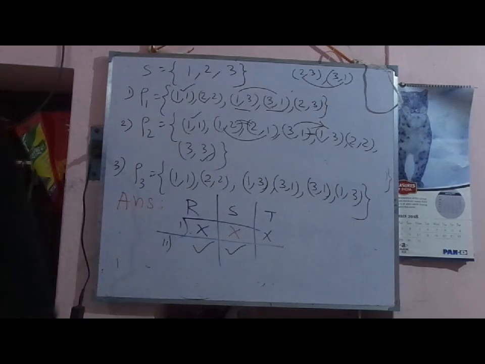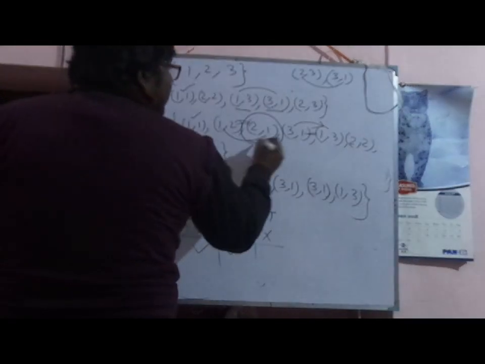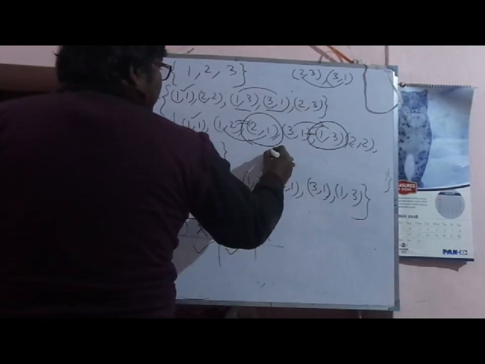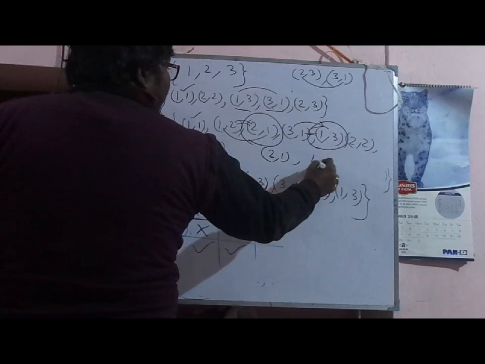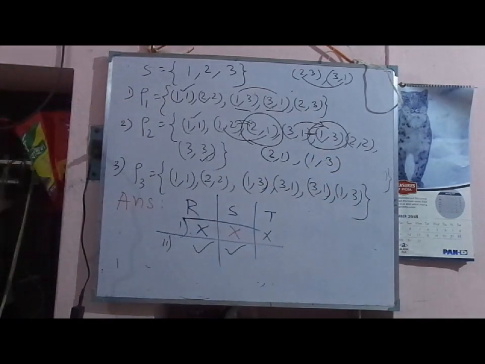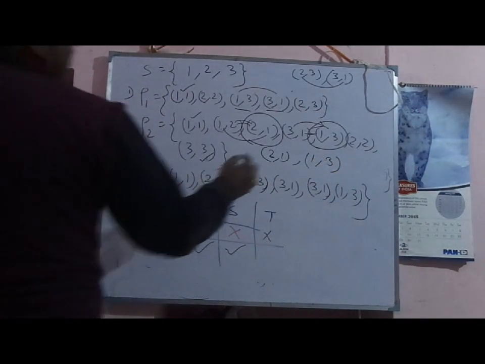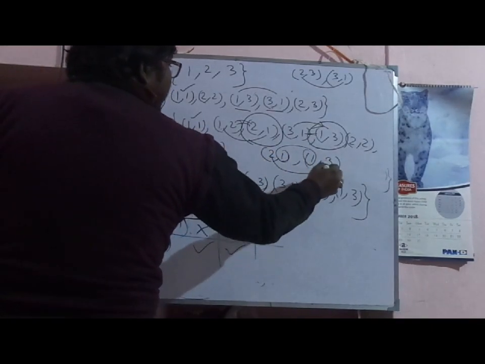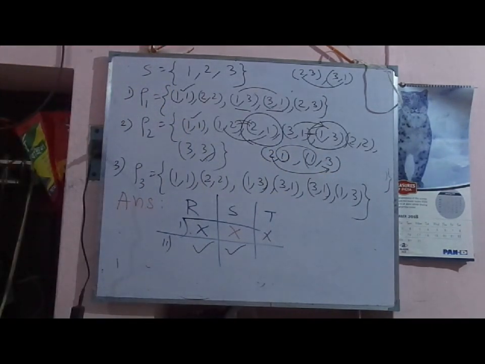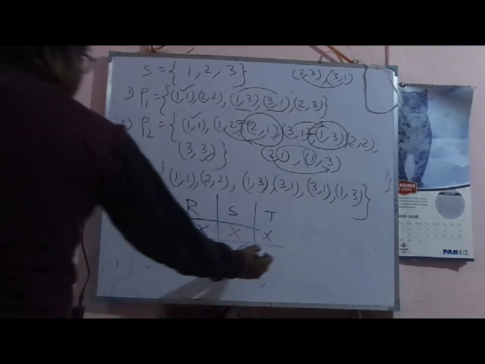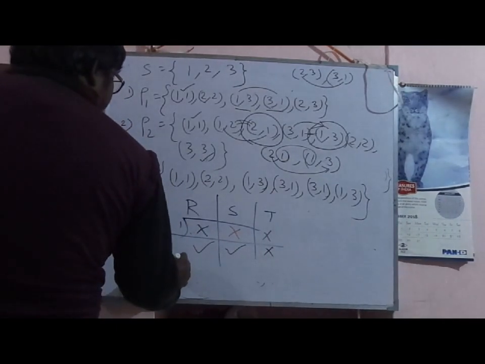No, this is not transitive, because here (2,1) and (1,3) belong. If this is transitive, then this is cancelled, therefore (2,3) has to belong to rho 2, but here (2,3) does not belong to rho 2. Therefore this is not a transitive relation.